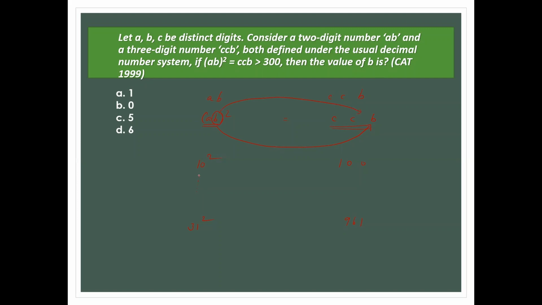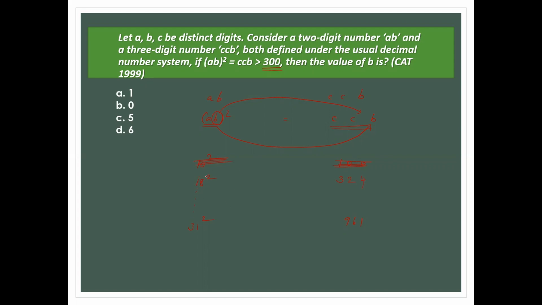For 10 it is possible, but again this is greater than 300. 11 square is less than 300, 12 square is less, 13, 14, 15, 16, 17 square are also less. I can check only from 18 square, because below that, all the numbers are going to be less than 300. So 18 square is the first number greater than 300, and from 18 square I have to check only up to 31 square.